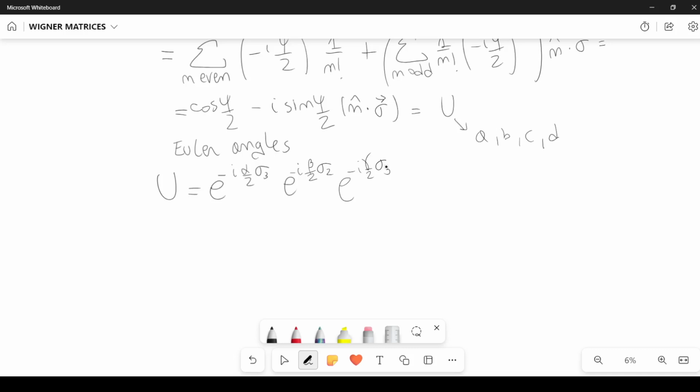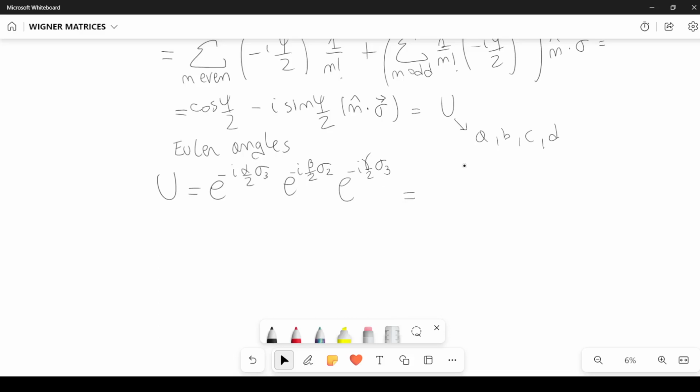You could have chosen sigma 1 if you want, but this is how you usually define Euler angles. In general, you can obtain a generic rotation by applying three distinct rotations around the axes z, y, and z again.